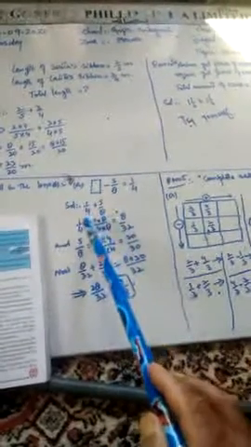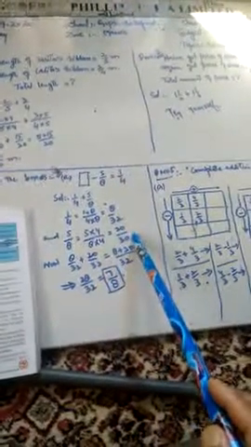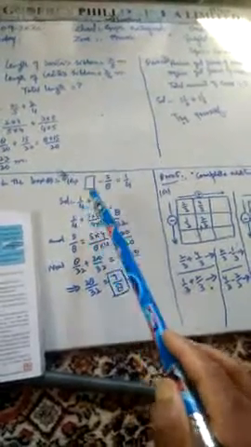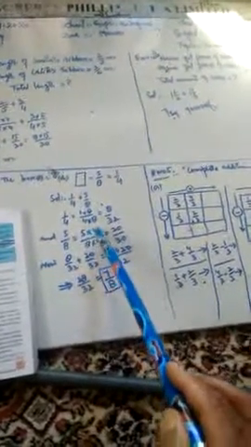Now these are unlike fractions. As you know, we have to make their equivalent like fractions. The equivalent like fraction of 1 by 4 can be obtained by multiplying the numerator and denominator by the denominator of the other fraction, and we will get 8 by 32. Now taking 5 by 8, its equivalent like fraction will be got by multiplying by 4 by 4.